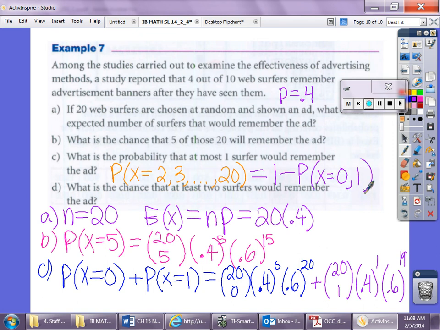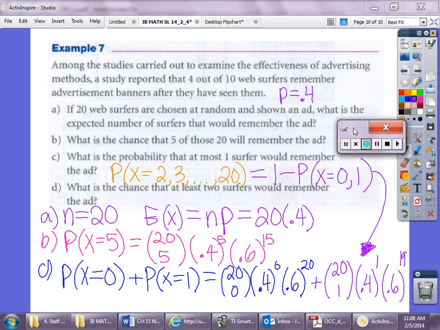Notation-wise, that's probably not the best notation, but I'm running out of space. We found that in part C. Therefore, you're just doing 1 minus part C's answer. So that's just a nice summary of a binomial distribution. So you should be good to do your problems. All right.